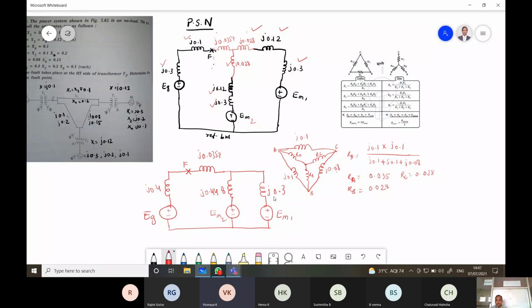Yes, sir. What is this answer? Sir, we'll get 0.448, sir. In the textbook, he has given j0.3 is there.